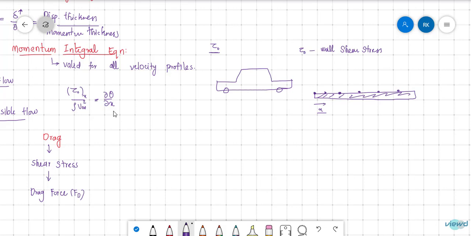So that depends on x. For example, if you consider this point, the small thin layer will give us the wall shear stress at that position of x. Now this is the von Karman momentum integral equation.